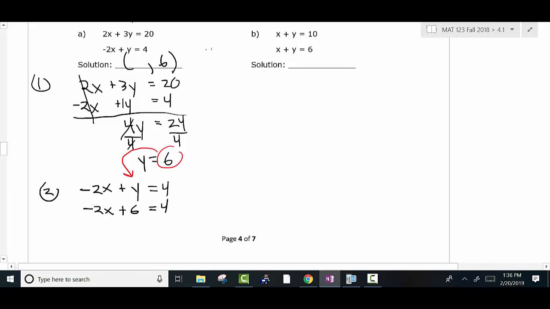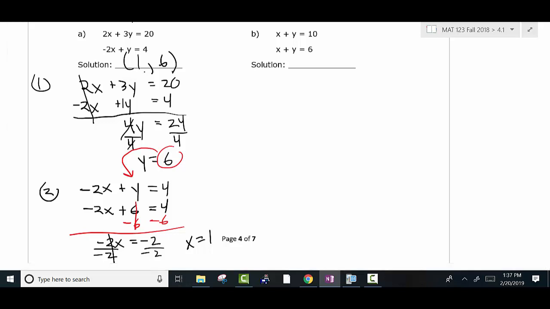Solve the equation. Just subtract 6 from both sides. That gives me negative 2x equals negative 2. Divide both sides by negative 2. So we get x equals positive 1. That's your answer. That's the simplest type of elimination problem, where something already cancels from the beginning.